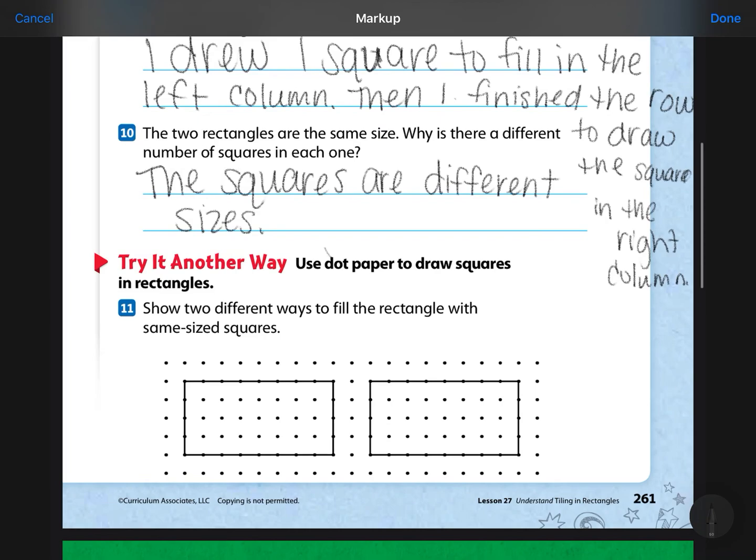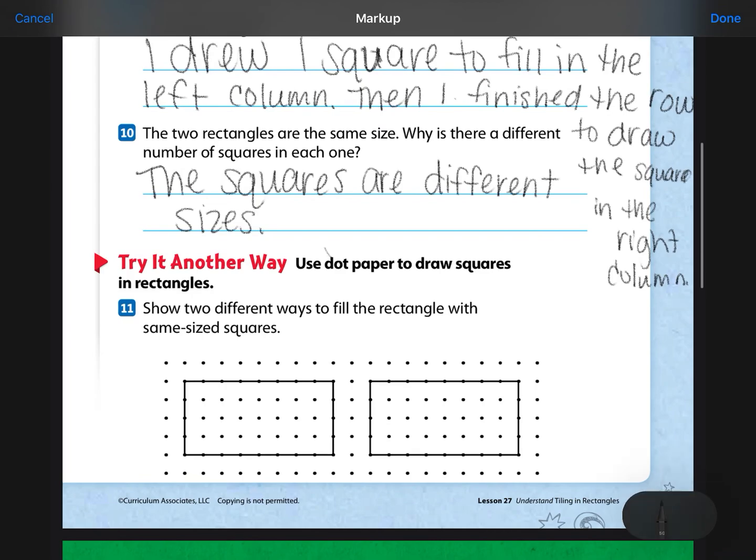All right, now let's go down to try another way. Use dot paper to draw squares. So instead of using graph paper, we could use dot paper to draw squares and rectangles. And this would be much easier if we were at school, but for this problem, we're just going to look down here at number 11 with the 2 examples given. So it says, show 2 different ways to fill the rectangle with same size squares.